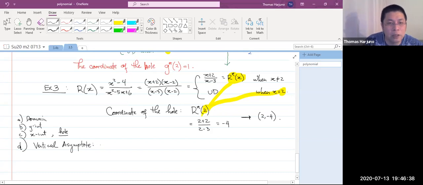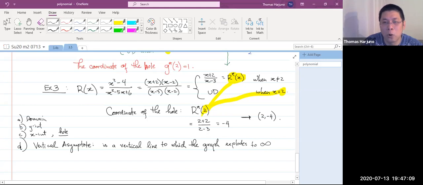A vertical asymptote is a vertical line, actually it could be more than one, to which the graph goes to infinity or negative infinity when x is approaching that number. So that's a vertical line.